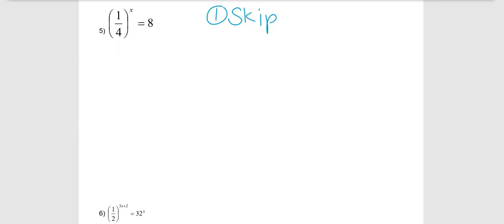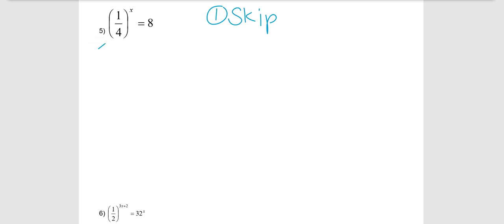All right, example 5. The first step we can skip because the power and the exponent are already by itself. Step 2, we need to rewrite each side so that they have the same base.